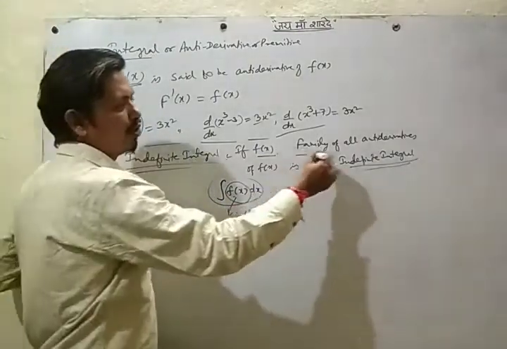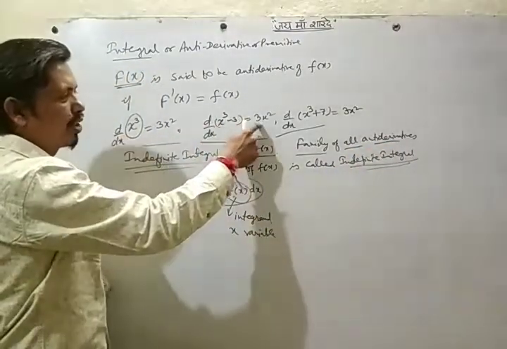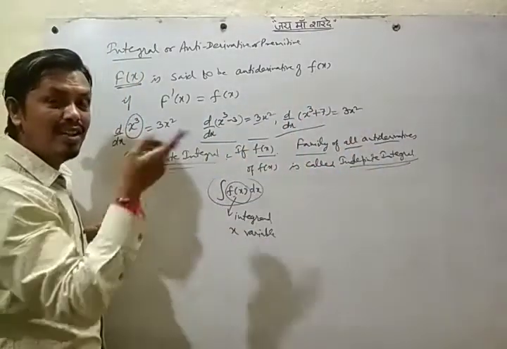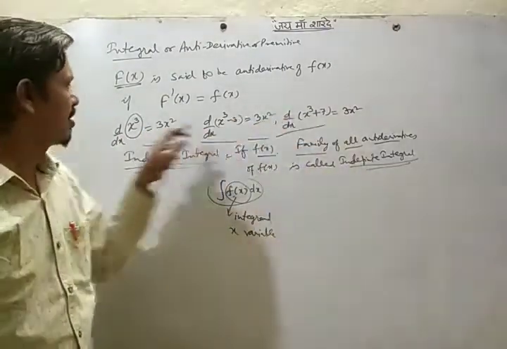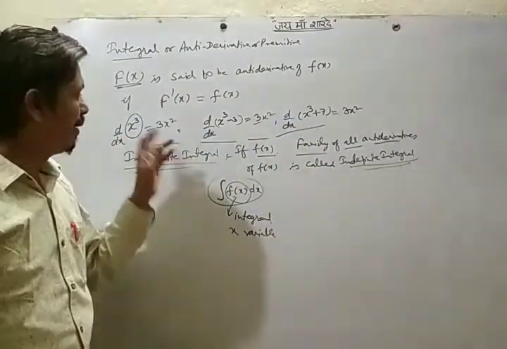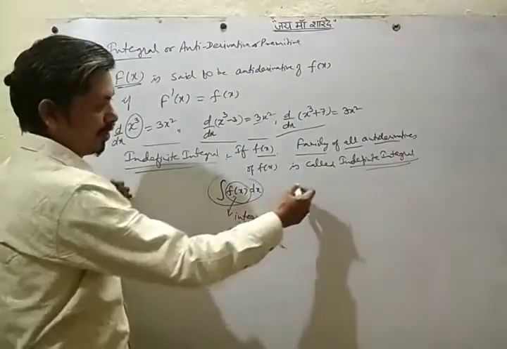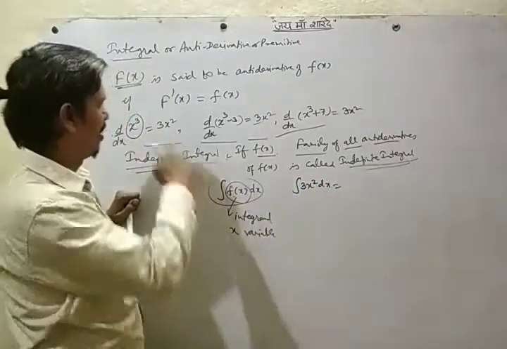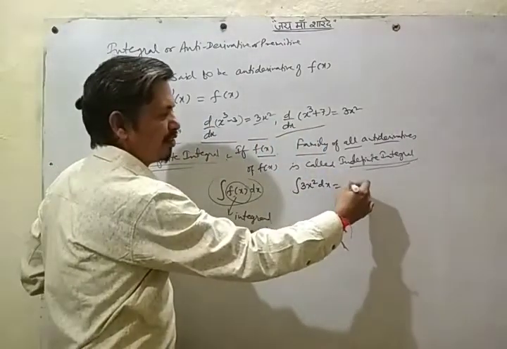Why is this called a family of antiderivatives? Here you have seen its derivative is 3x square, so the antiderivative of 3x square is x cube or x cube minus 3 or x cube plus 7. There are many functions which are antiderivatives of 3x square. So if we write integral of 3x square, what will we write?